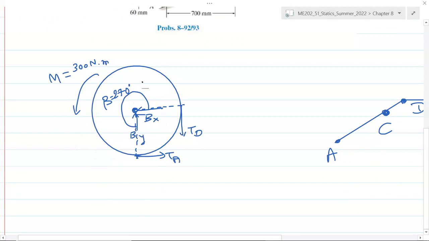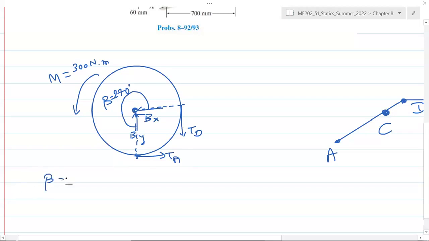Now, if the system is in equilibrium, then we can apply the equation for the sum of moments. But before that, we need to know the relation between TD and TA, and for that we apply the equation of friction forces in a flat belt.